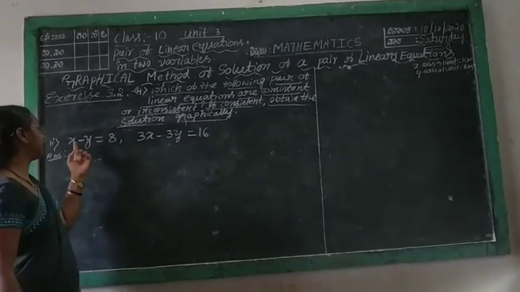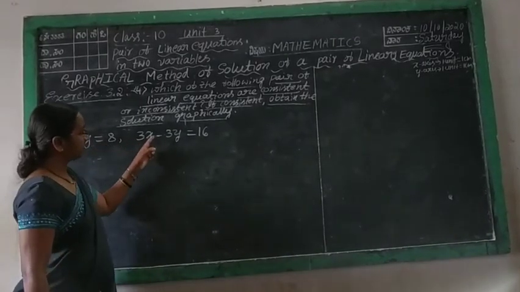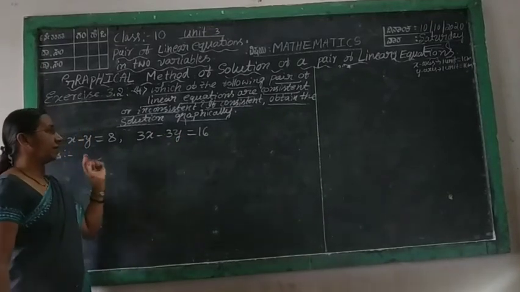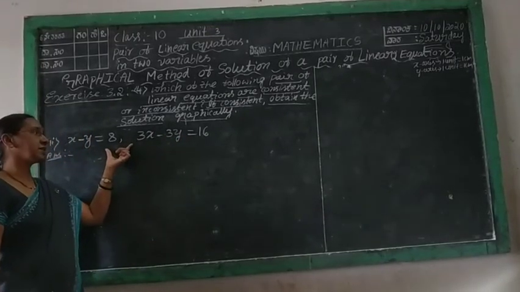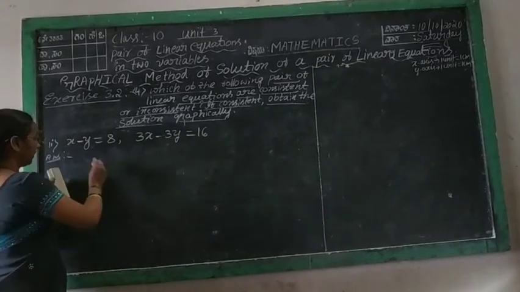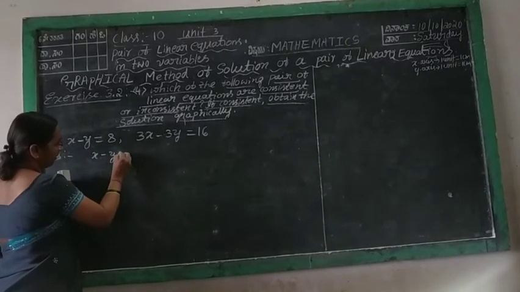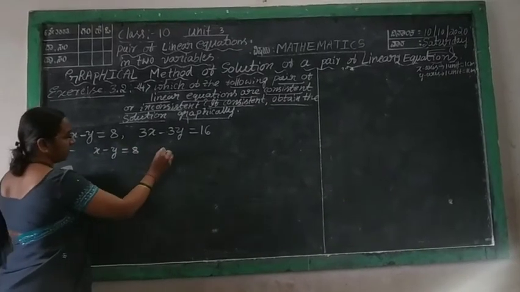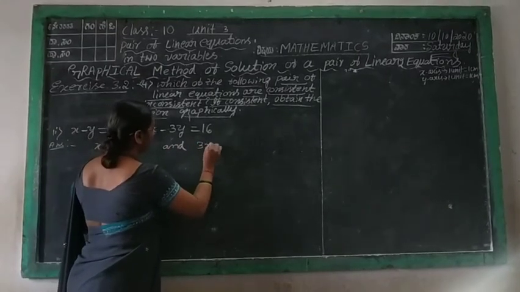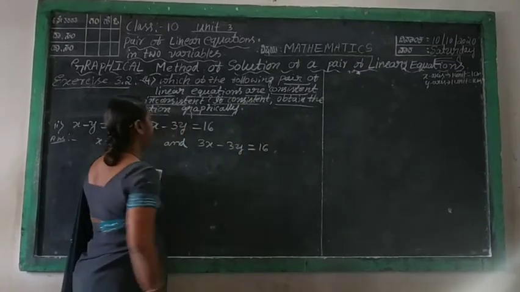Second problem is x minus y is equal to 8 and 3x minus 3y is equal to 16. First, we will write the given equations in general form of linear equation in two variables. Take first equation, x minus y is equal to 8 and 3x minus 3y is equal to 16.